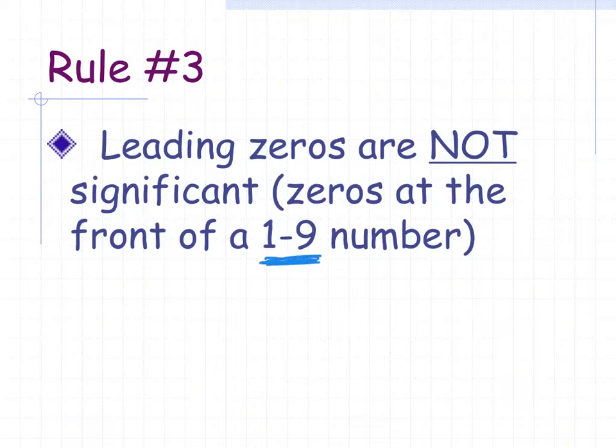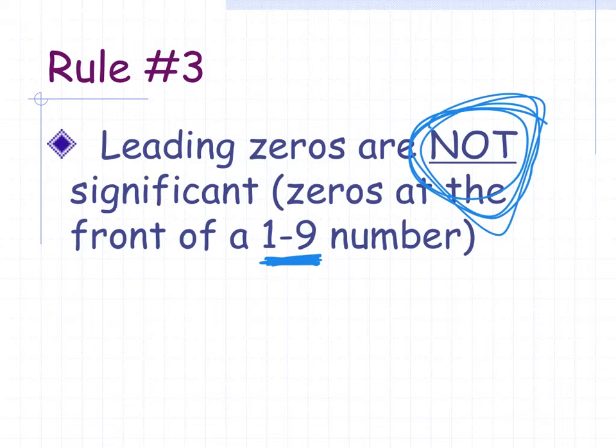I never ever mentioned the word decimal. I don't care where the 0 is in regards to a decimal. I just care if the 0 is in front of a 1 through 9 number. It is not significant. Never, ever, ever will a leading 0 be significant.